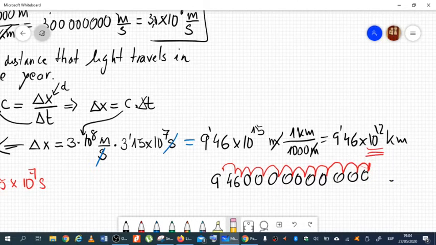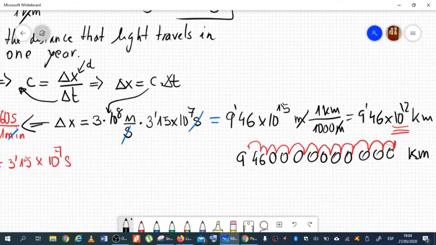All these kilometers in 1 year. So this is thousands of millions, millions of millions. So we have 9.46 billion kilometers in 1 year.